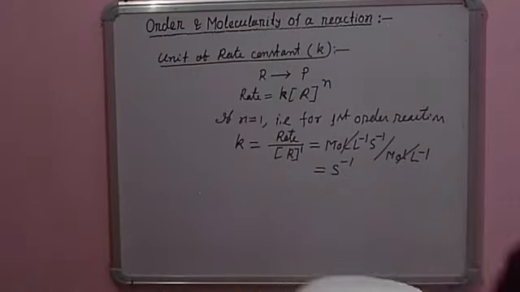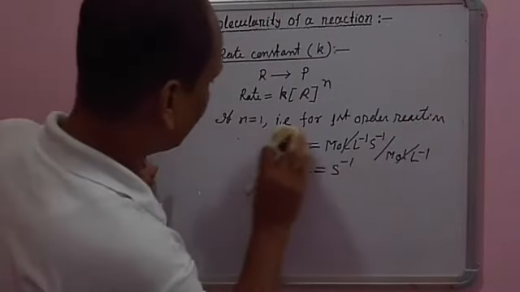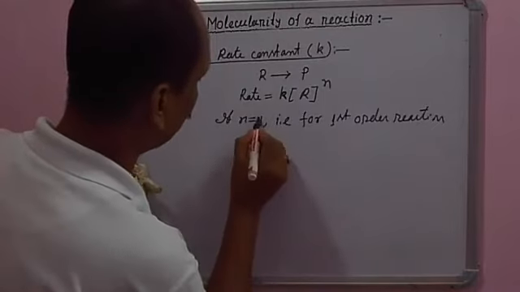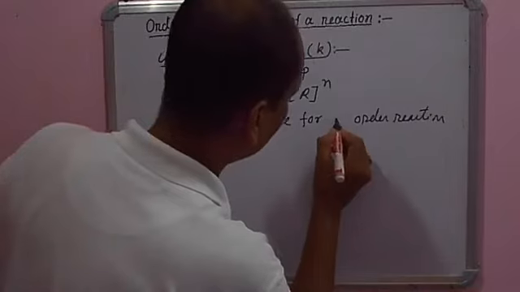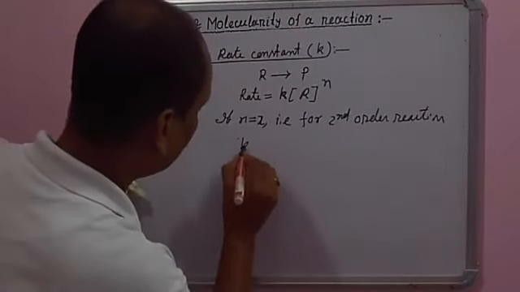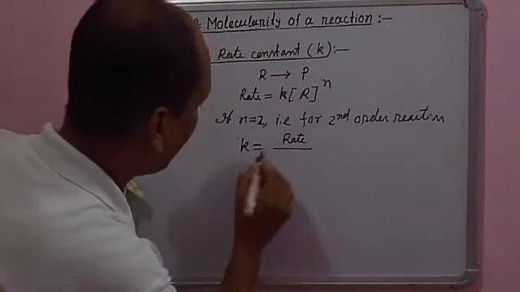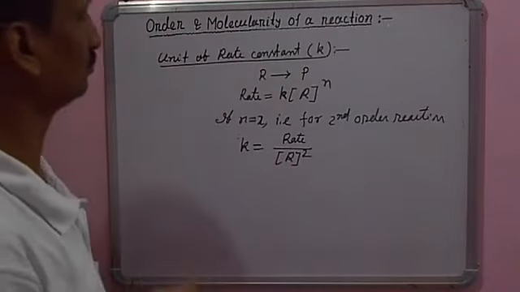Similarly, if you see for second order reaction, that means when n equal to 2, K will be equal to rate divided by concentration of R to the power 2.